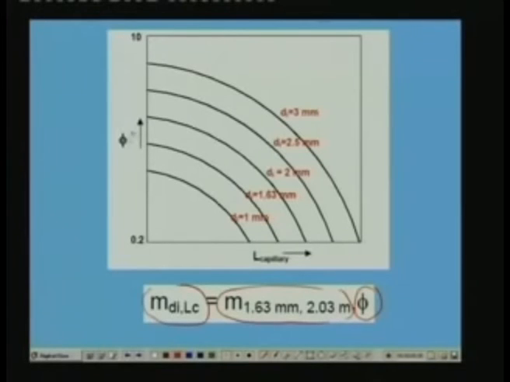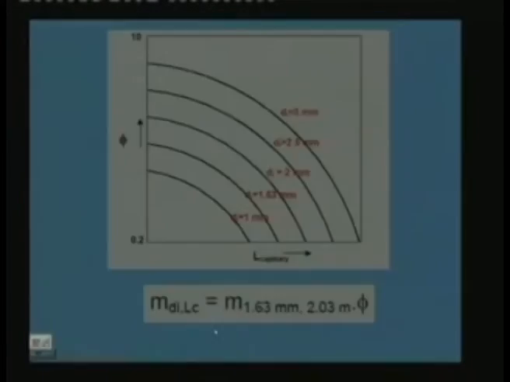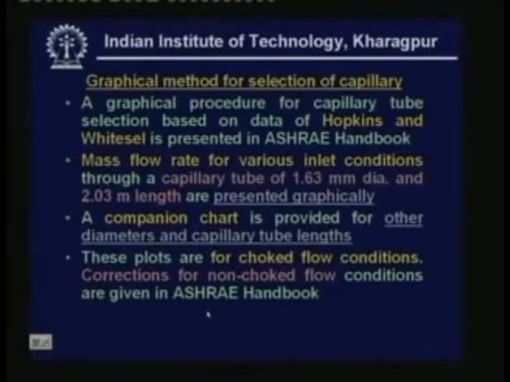This flow correction factor phi is given as a function of the length of capillary at different diameters. For example, if the length of the capillary is 2.03 meter and the diameter is 1.63 mm, then the flow correction factor will be 1, because this is the standard capillary and the mass flow rate is the same as through the standard capillary. These plots are for choked flow conditions, and ASHRAE has also given corrections for non-choked flow conditions.